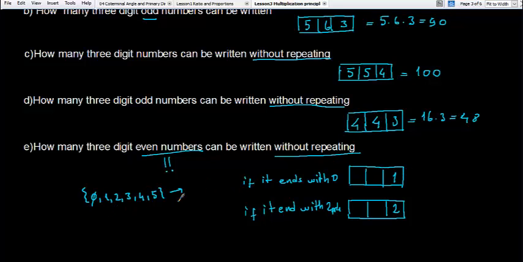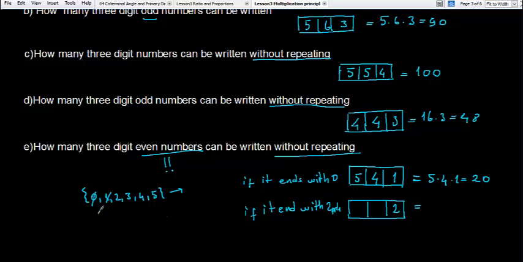For the first one, I have 5 possible cases, and I used one of them because it says without repeating. Let's say there are 4 possible cases, so the answer is 5 times 4 times 1, which is equal to 20. But we didn't finish. So 20 numbers end with 0.